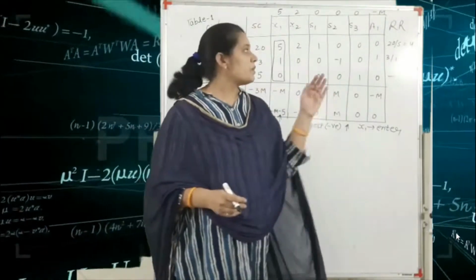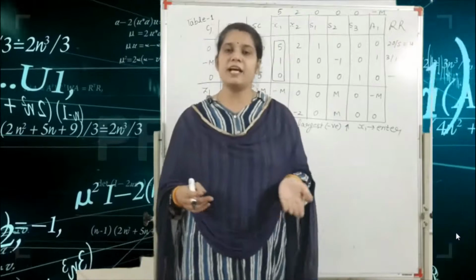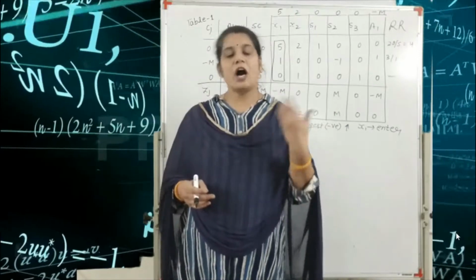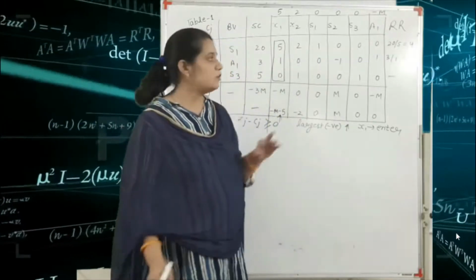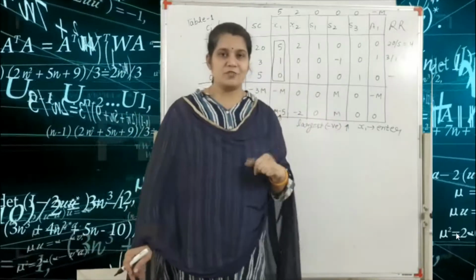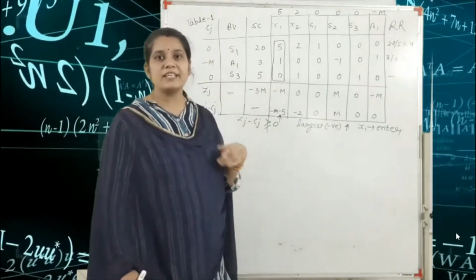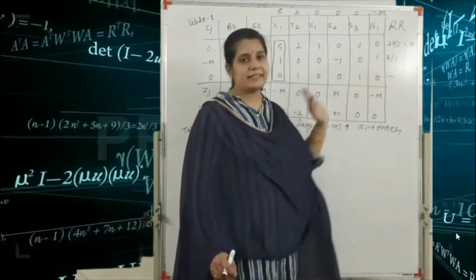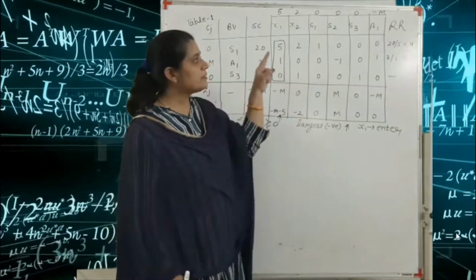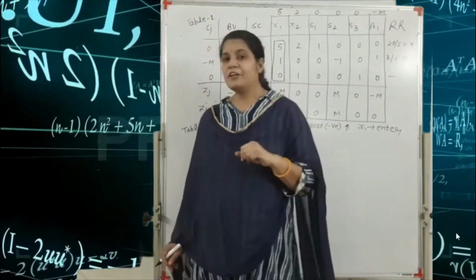For the replacement ratio, if we get a negative value, zero value or infinite value, you just ignore these three types of value and consider only the positive value. Because 5 divided by 0 gives infinite, we write a dash. So the minimum positive value is 3.